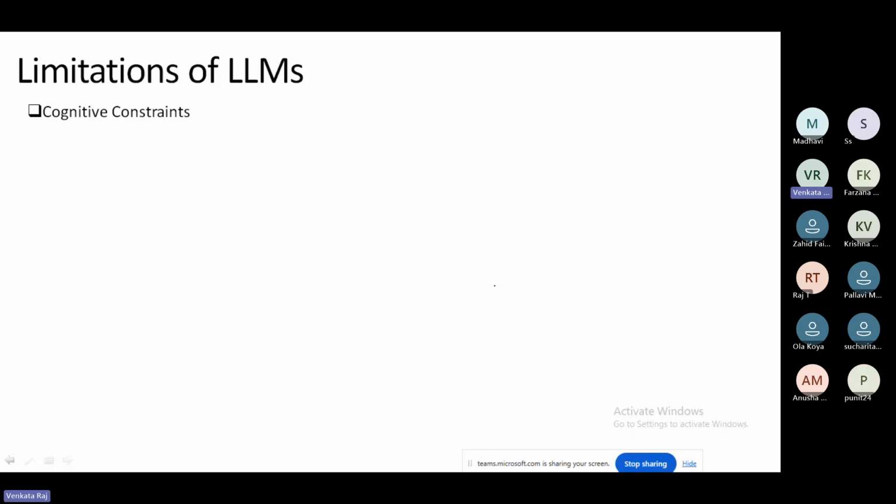But the LLMs do not have that opportunity. They do not have any emotions or feelings, and they do not see you. They don't know in what state of mind you are asking the question. They have no idea about your feelings, expressions or body language. So that is another cognitive constraint of the LLM.